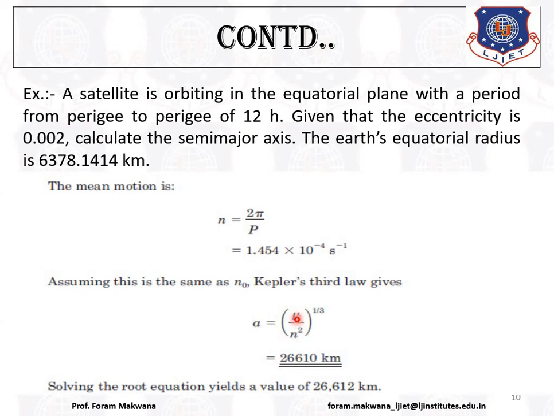Value of mu is the geocentric gravitational constant, n is from this, and you will get the value of semi-major axis as 26,610 km by solving this equation.